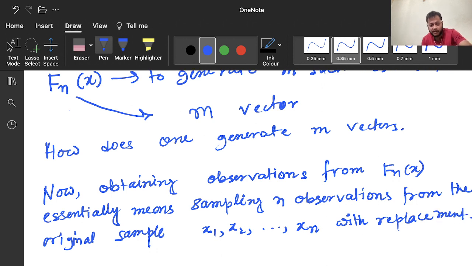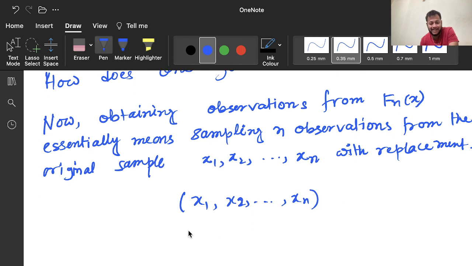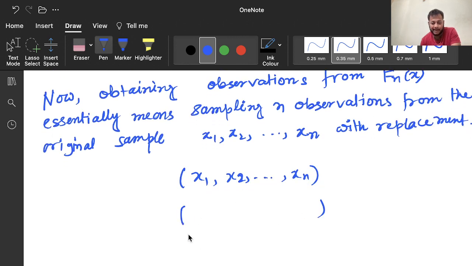So you see, since we have this set of vectors, we will generate another random vector by randomly choosing a number from this set, and then replacing that number. That way we generate another random vector with n entries, which will be different from this one. We do the same method m times, and we generate m such random vectors.